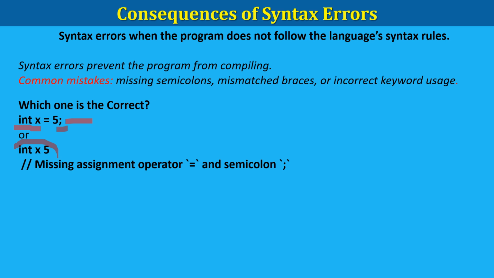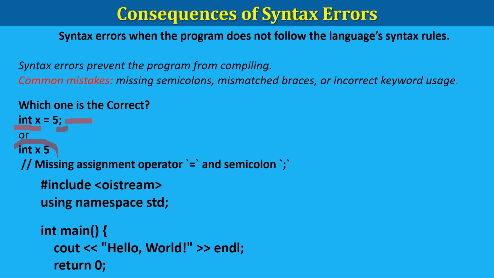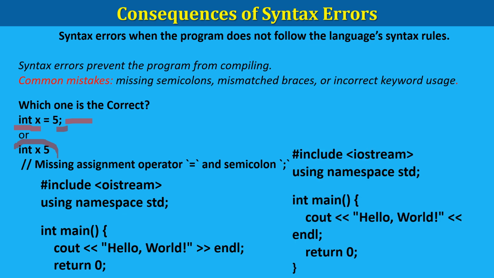Okay, so next, which one is correct? The second one is this one. It begins with include iostream, which allows the use of input output functions like cout.